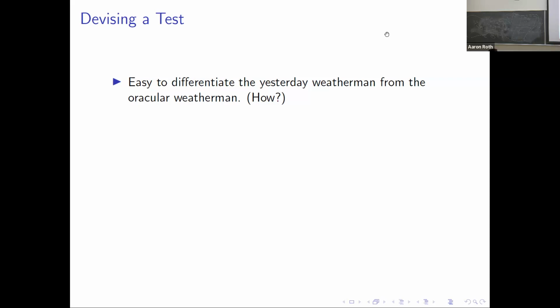I don't just look at the fact that he's unbiased on average, I look at how frequently it rains when he says there is a 100% chance of rain, and I fire him if it's well below 100%. And I look at how frequently it rains when he says there's a 0% chance of rain, and I fire him if it's well above 0%. And that will result in the unemployment of the yesterday weatherman, but the continued employment of the oracular weatherman.